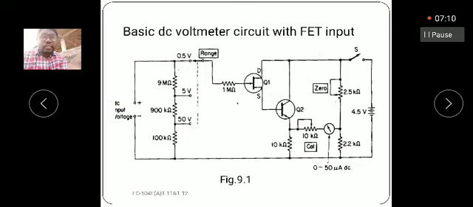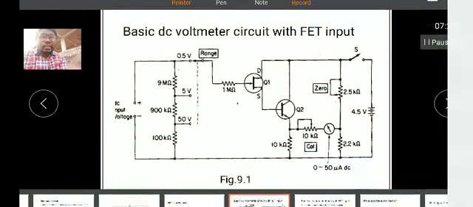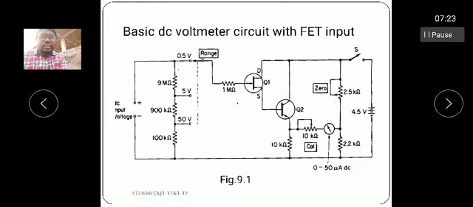Here we use three resistors: 3 megaohms, 900 kilohms and 100 kilohms. We use different voltage ranges: 0.5 volts, 5 volts and 50 volts. This is the range selection, and this is one part.